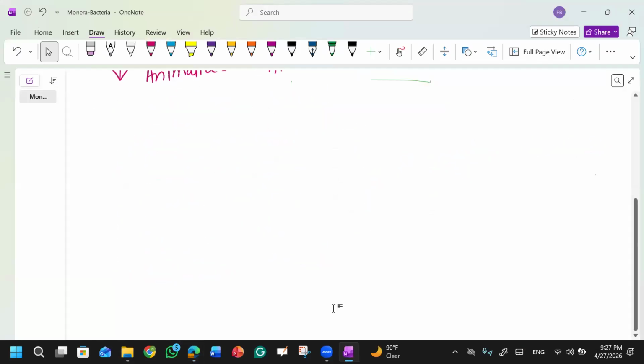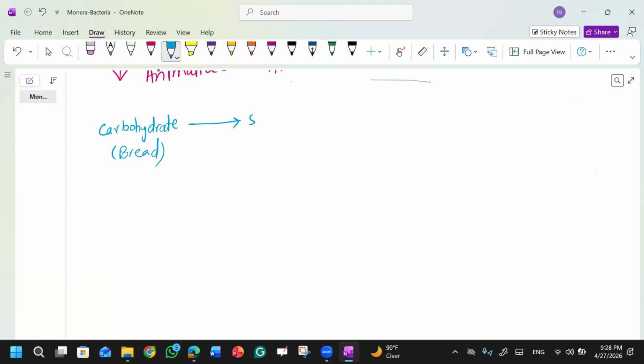You have, for example, an intake of carbohydrate, any type of carbohydrate. Maybe you have taken a bread, and your stomach will digest it, and after digestion in the stomach, what will be there? There will be glucose.